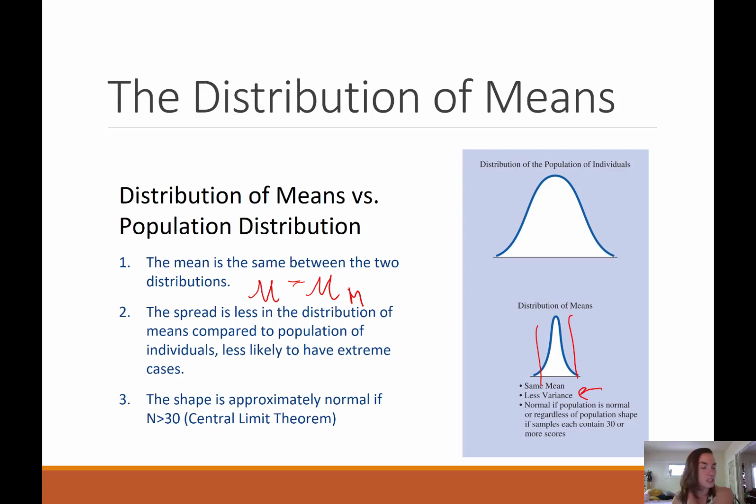It's narrower because it's a distribution of means, meaning that when I go in and I sample over and over again from the population, each time I sample, I get 64 scores that could be all over the place, right? Some of those scores might be really high, some of them might be really low, but then I take the mean, which is basically like a middle value, right? And then I'm only saving that. I didn't save the original extreme scores, I only saved the mean for that sample, and I tucked it away.